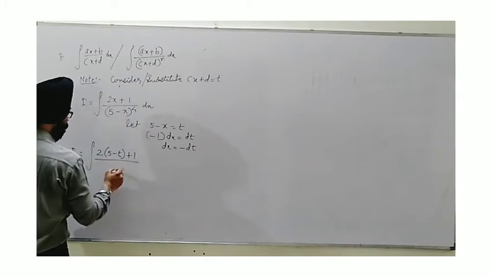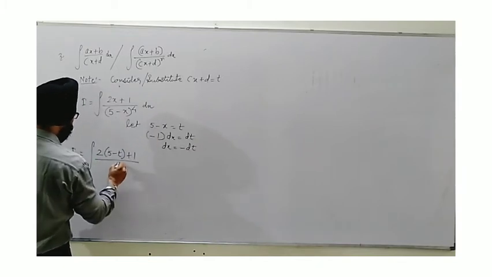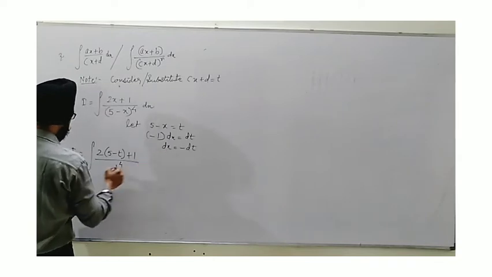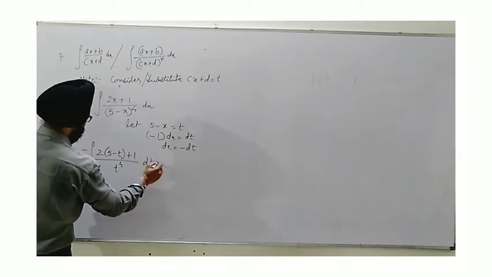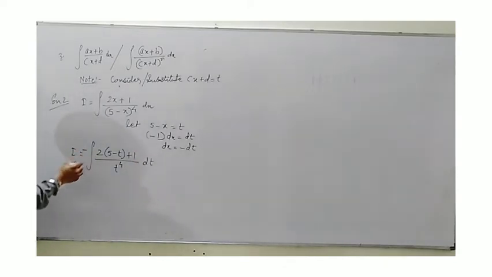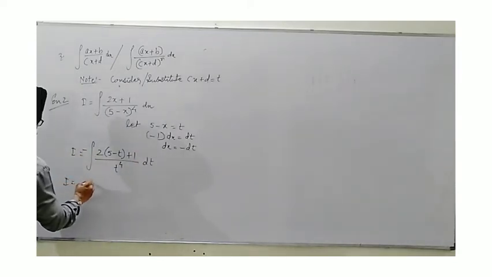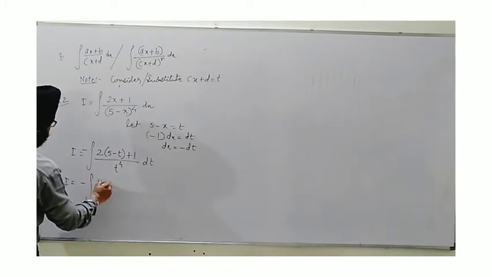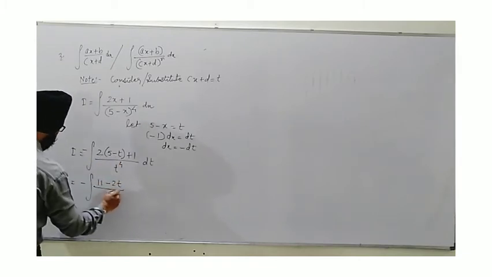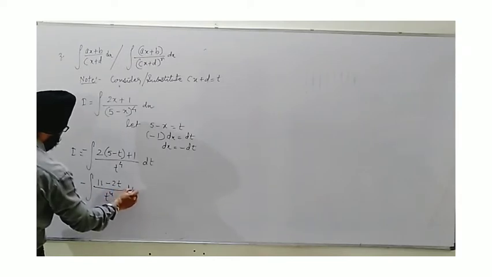In the denominator we get t raised to the power 4, and with this minus dt, the minus can be taken out. Now simplifying the function, we have I equal to minus integral of 11 minus 2t upon t raised to the power 4 dt.